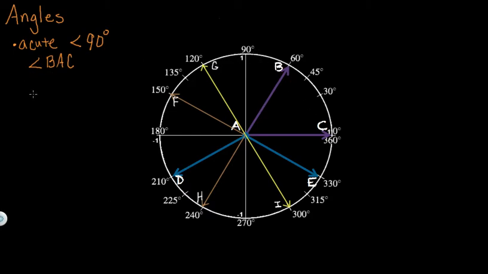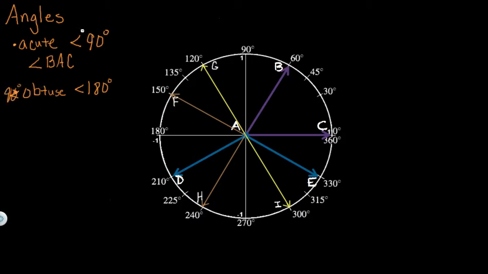The next type of angle we have is called an obtuse angle. An obtuse angle is greater than 90 degrees, but it is less than 180 degrees.